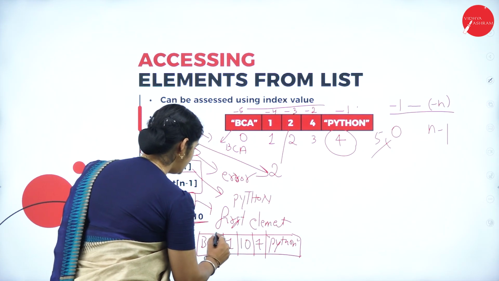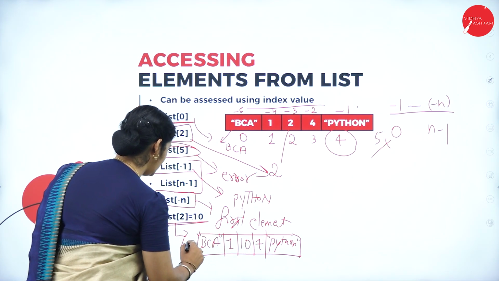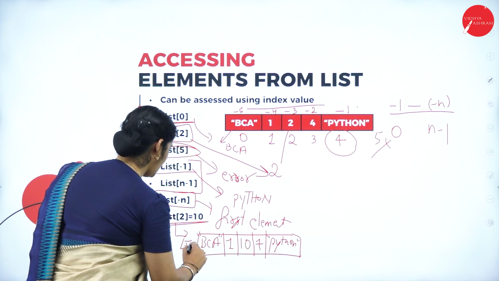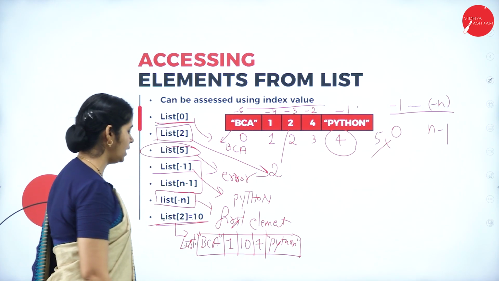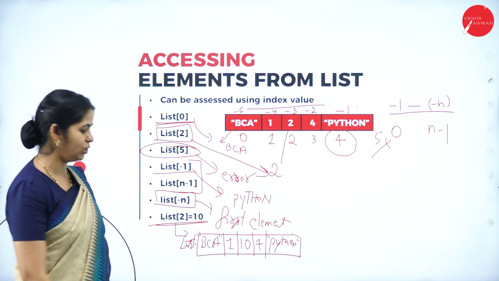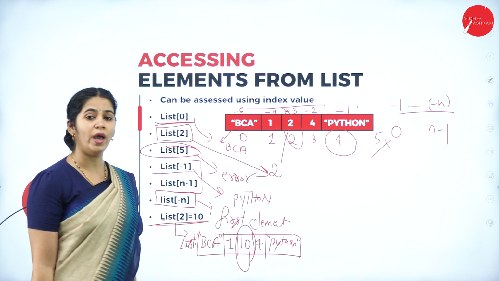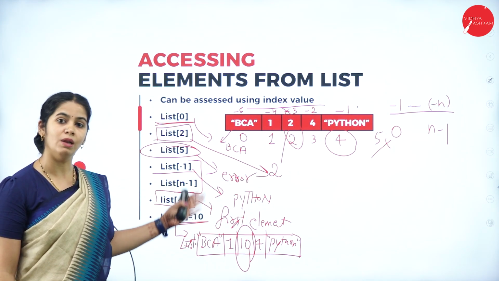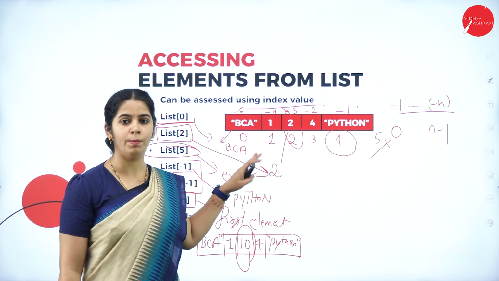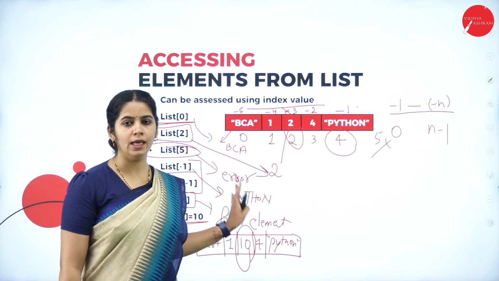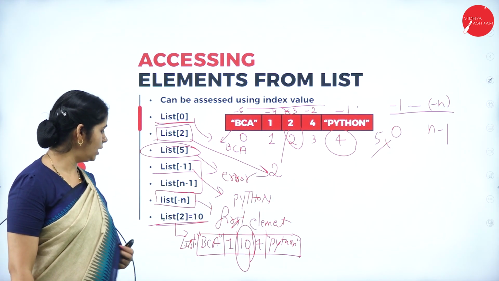So this is mutable. The list name is the same, right? The list name is the same, but the value of the list is changed at this particular position. That is why we call the list mutable. We can change a particular element value in the list.